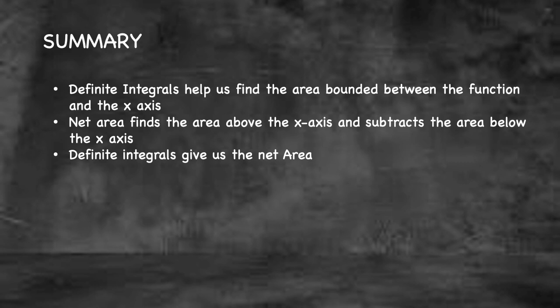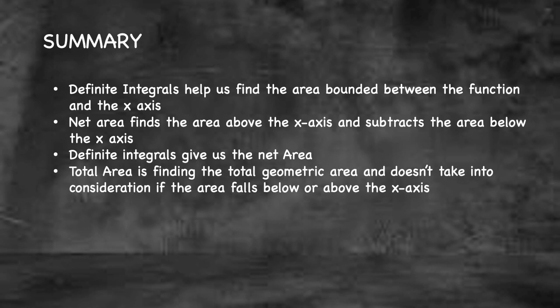When we evaluate a definite integral, that's going to give us the net area. And then the total area is finding the total geometric area without taking into consideration whether it falls below or above the x-axis.